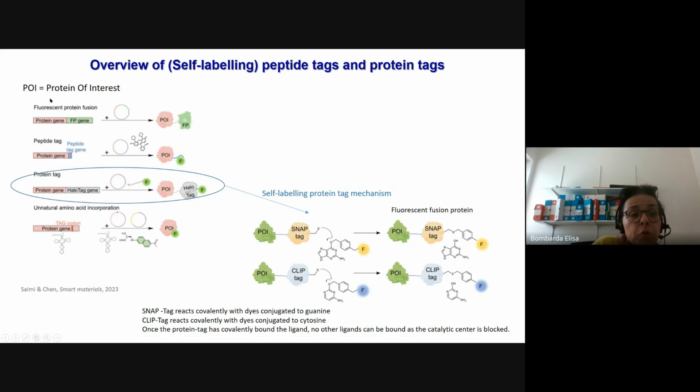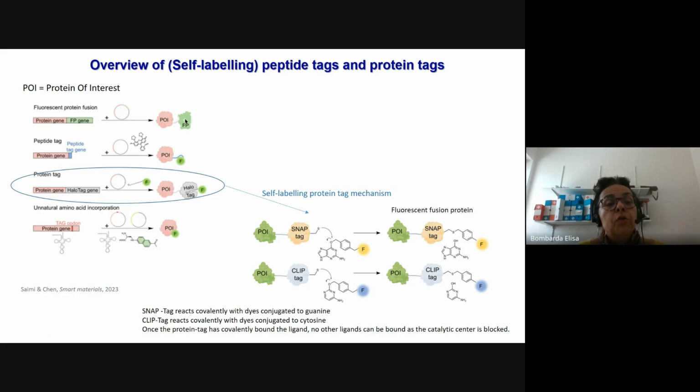We have talked about it already, and so here is an example. We can label our protein of interest, which is in pink here, with a variant according to the property that we want to study and the wavelength that we want to focus on.